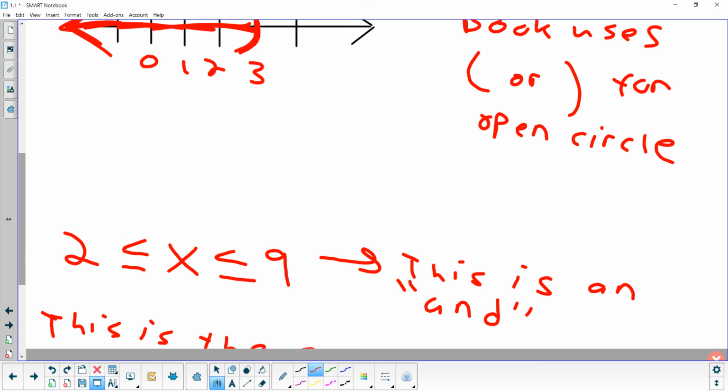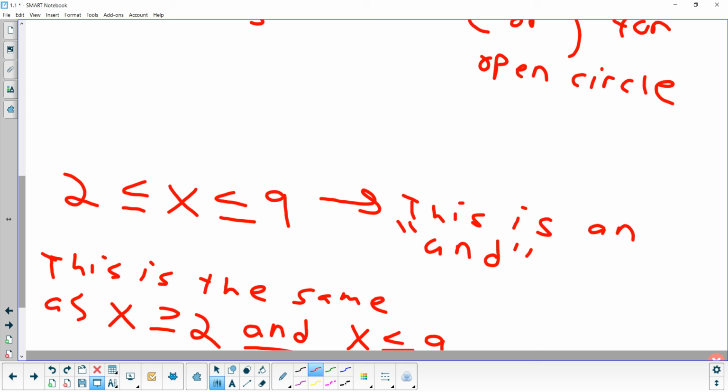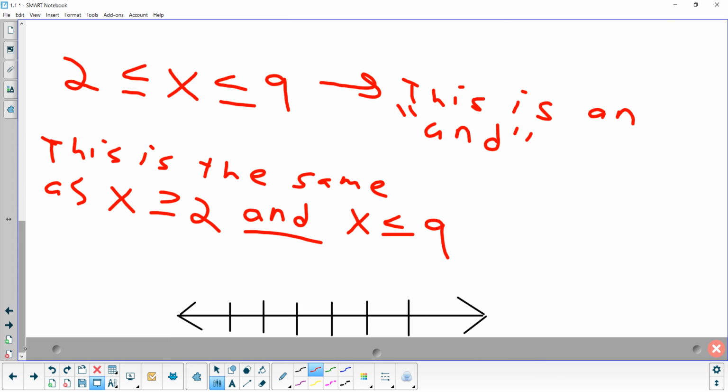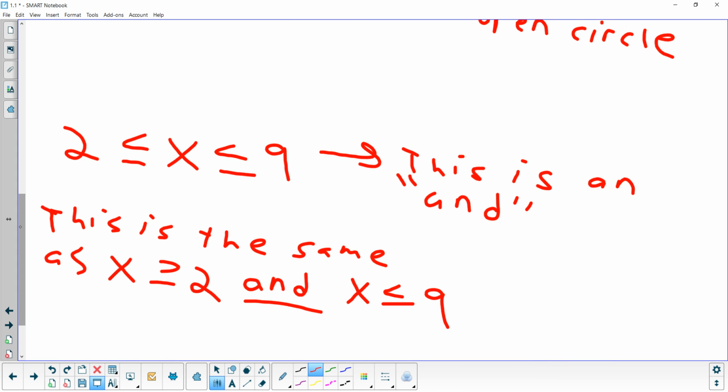Okay, this is when you take 2 inequalities and combine them into one. This is called a conjunction. When you have an and, you can combine 2 statements into one. And if you look at it and you're like, well, wait, how do you get those 2 from there?